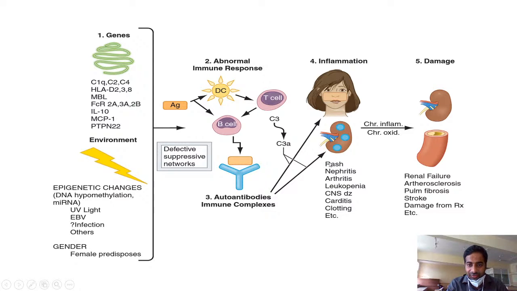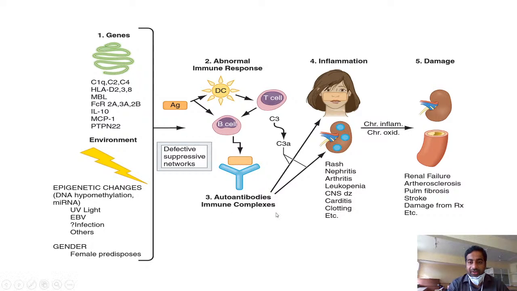What are the signs of inflammation? You have rash, mainly butterfly rash, which I'll talk about in the next slides. If it involves the kidneys, you have nephritis. Then arthritis if it involves the joints, leukopenia, CNS disorders, carditis, clotting disorders, and all these.